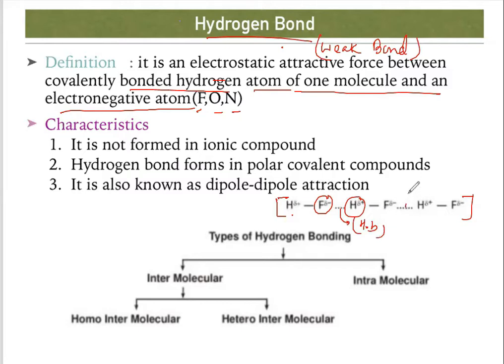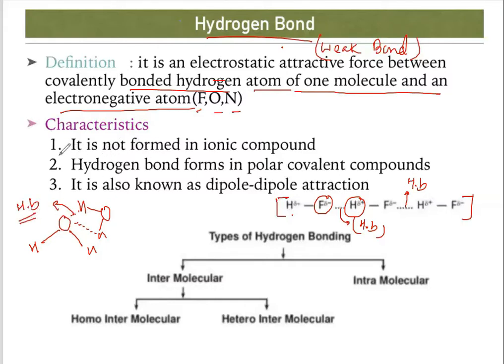Here is also one hydrogen bonding. The same thing happened: one oxygen atom is going to attract another hydrogen. This is one molecule and this is another molecule. So this oxygen is going to attract the hydrogen from the other molecule. This bond is known as hydrogen bond.